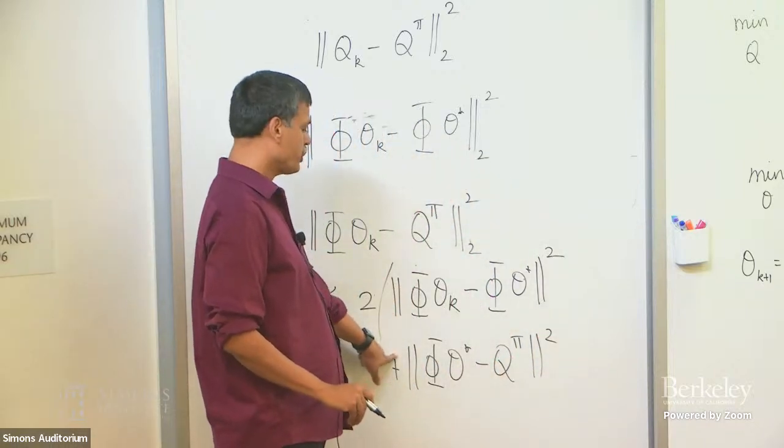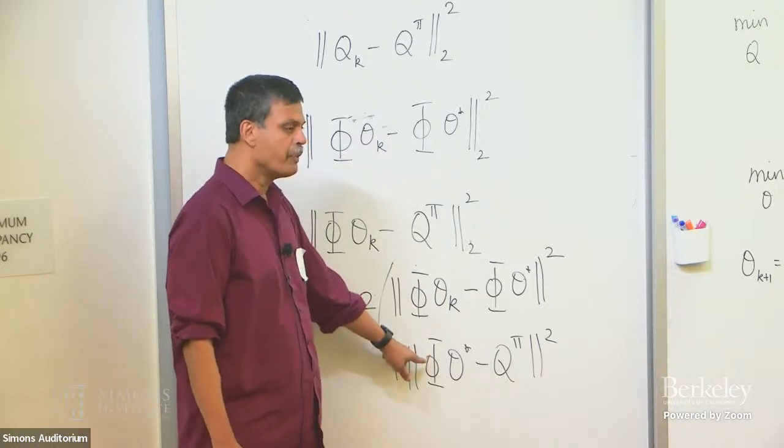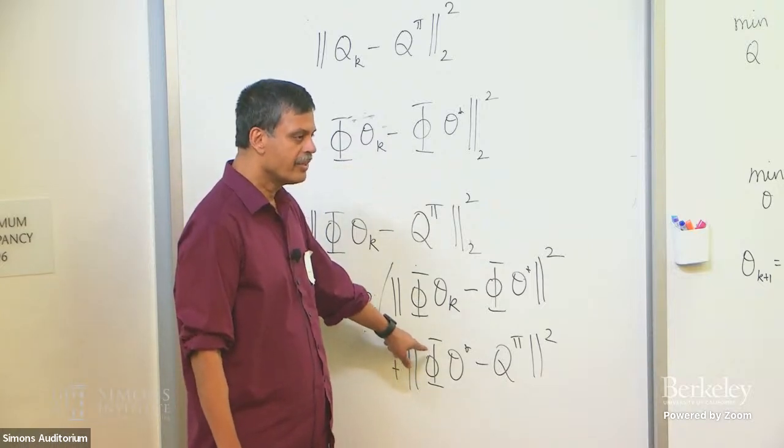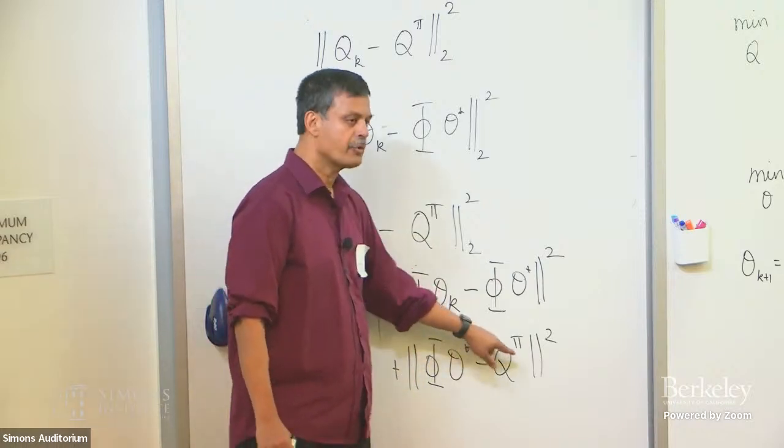This is just simply a projection error. So you have an additional error. Depending on how expressive your feature vectors are, this error will be small.